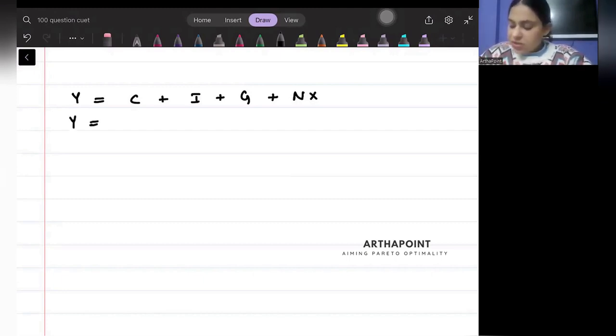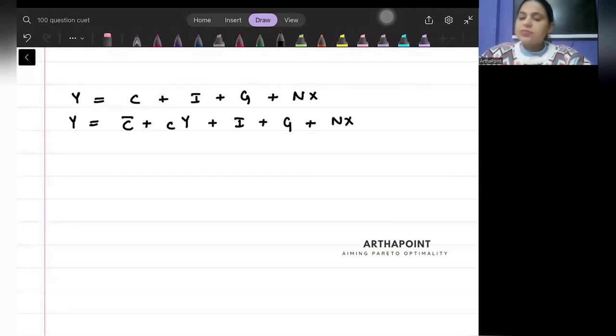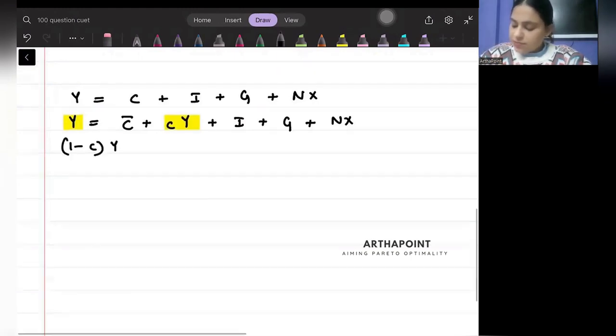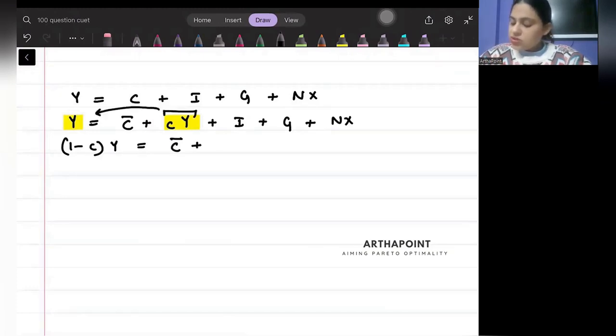Now if you just try to open this up, can I say Y is equal to C bar plus cY plus I plus G plus NX? But I can take all Y terms together. So I can say (1 minus c)Y is equal to C bar plus I plus G plus NX.